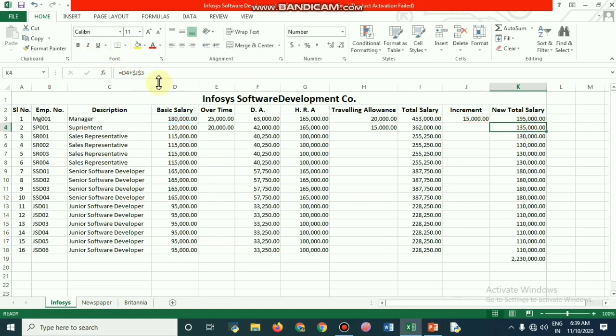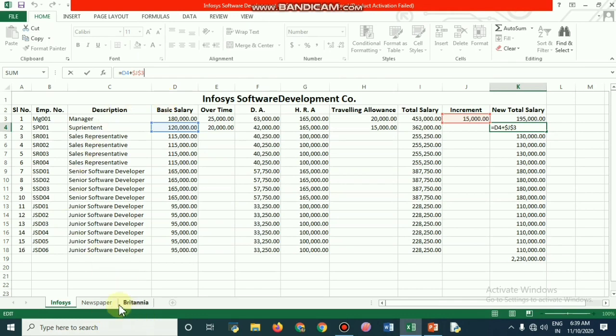So you put a dollar sign in front of the column name J and the row number 3, so that when the formula is copied down, the cell address J3 doesn't change at all. This type of copying down the formula is known as absolute cell referencing.